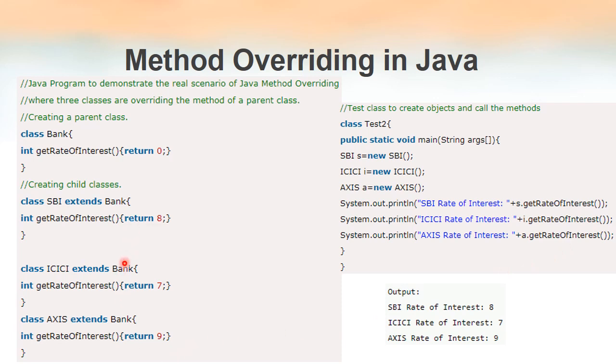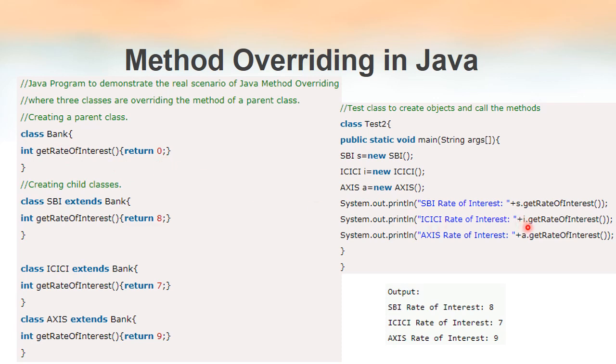If this method overriding was not there, and I call s.getRateOfInterest, then this call will be going to the method getRateOfInterest that class SBI got from class Bank due to inheritance. So I'll be getting the value of 0.